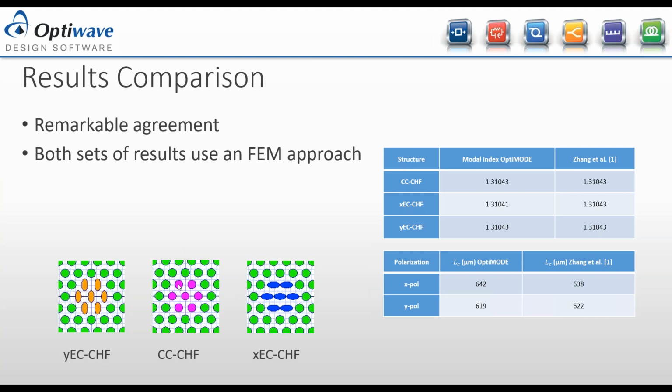These circles are ever so slightly smaller than the green ones. So if you look at it as an average refractive index, the air holes are smaller, so the average index is larger over this core area than the cladding structure that has larger air holes and therefore will have a smaller average index.